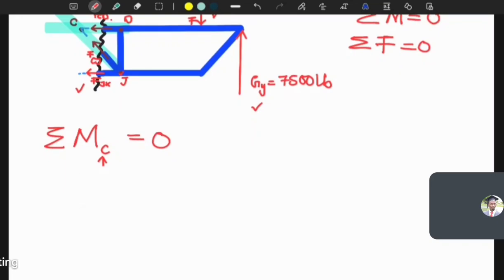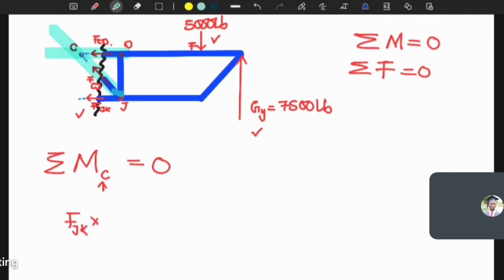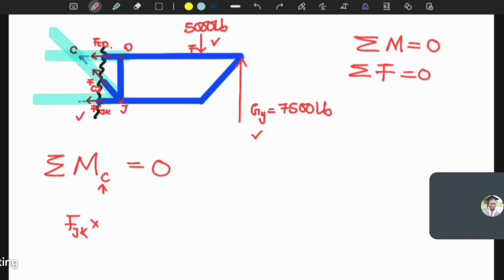So about point C, we're going to have FJK times the distance. The line of action for FJK is horizontal, so the distance we are looking for has to be vertical. So that force times this perpendicular distance. So what is that perpendicular distance that we want there?